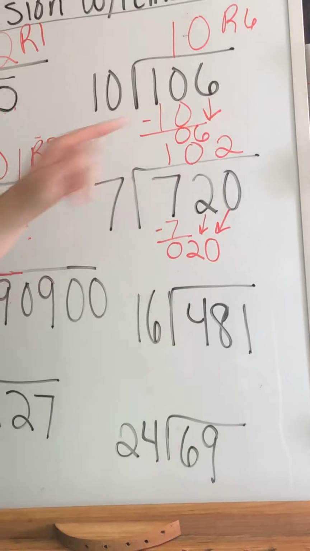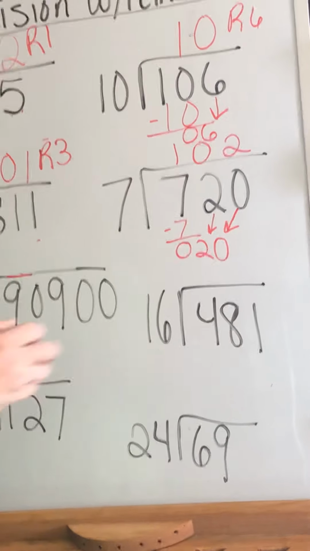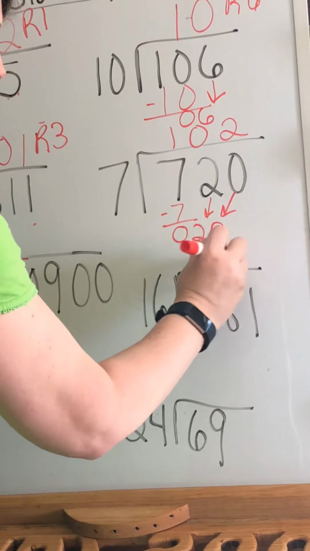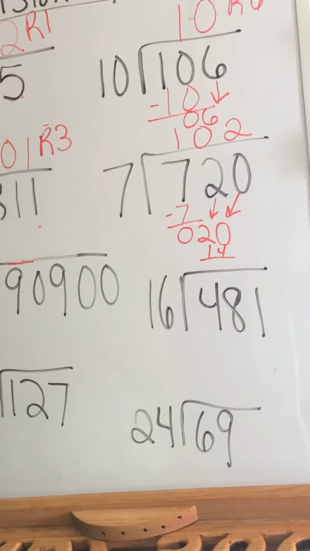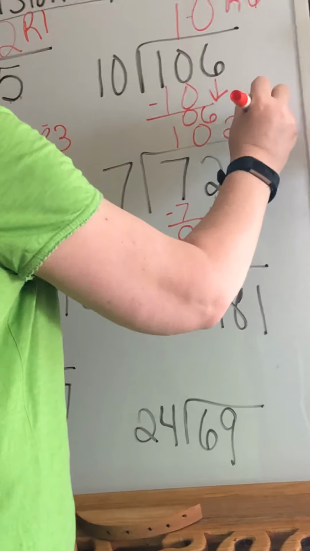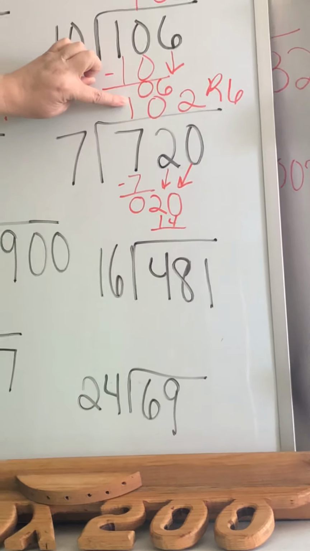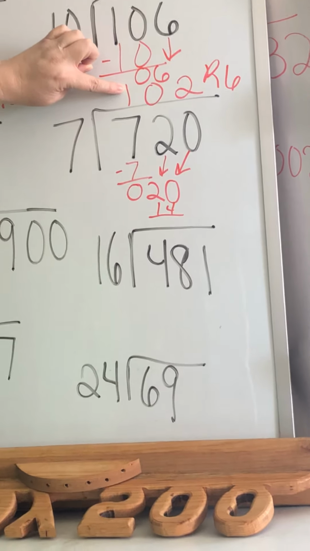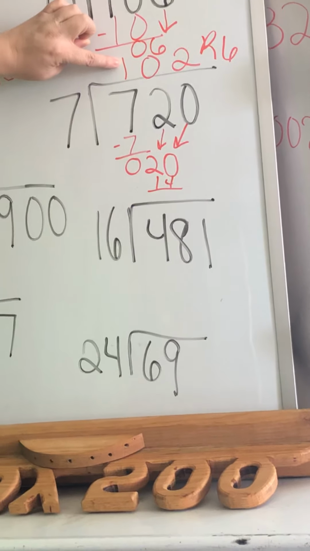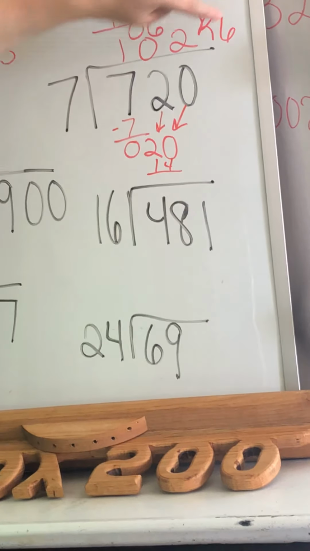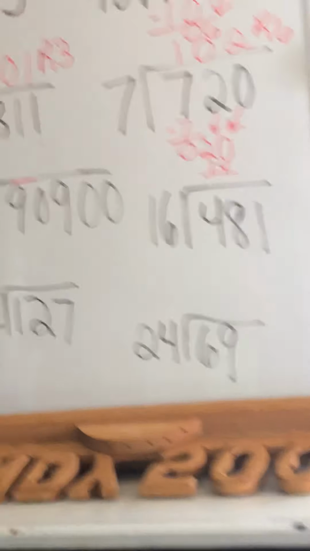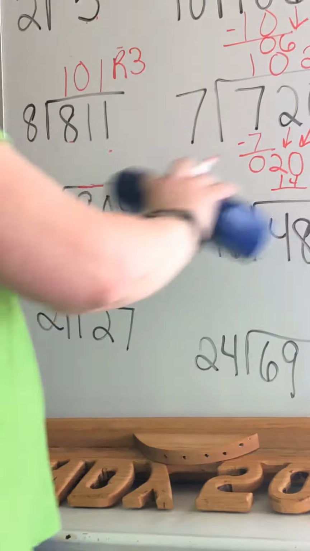Now, 7 times 2 is what? 14. So 20 minus 14 is a remainder of 6. So take 7 times 102. Well, that's going to be 714. 714 plus 6 is 720. Okay.